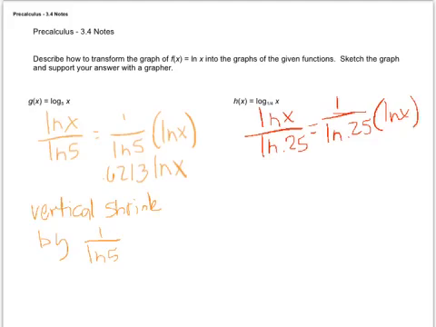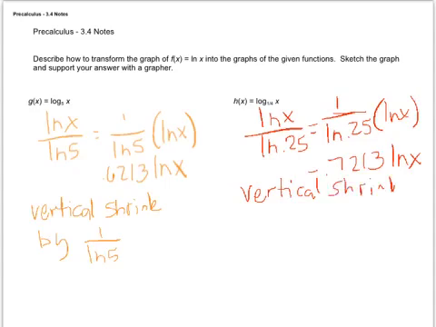Well, 1 divided by natural log of 0.25 is negative 0.7213 times the natural log of x. So this is also going to give us a vertical shrink, and not only that, this negative sign in the front gives us a reflection over x.